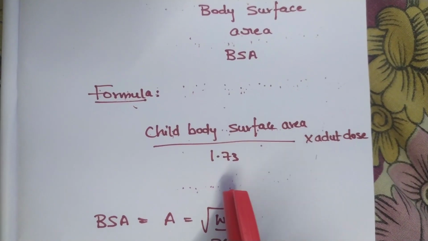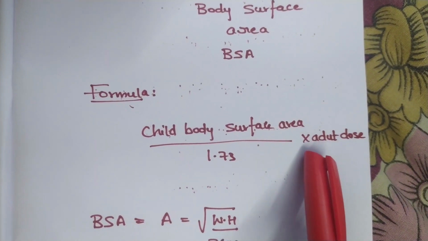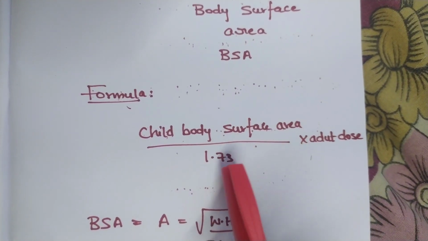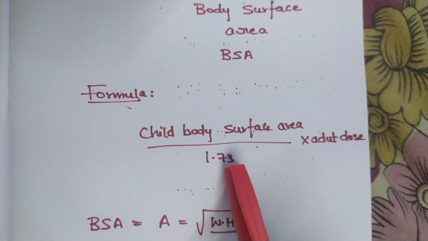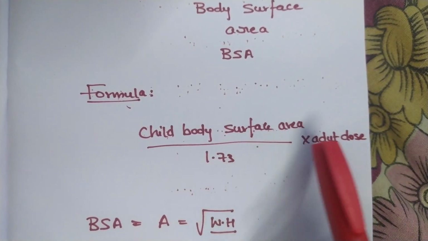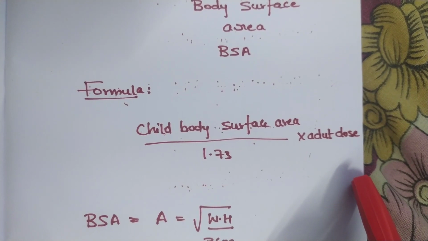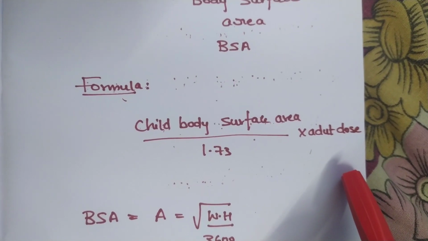So the formula for calculating dose based on body surface area is child body surface area by 1.73 into adult dose, which gives the child dose, which is the approximate value.